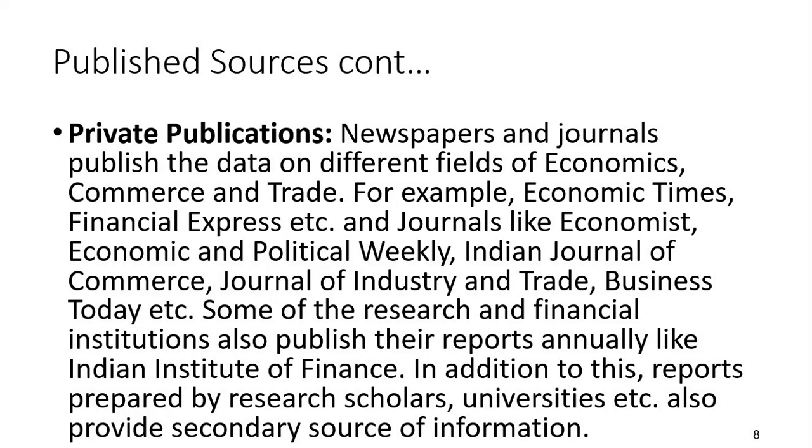In addition to these, reports prepared by research scholars in universities, etc., also provide some secondary source of information. Now, in a university or a college, you will find that there is a library. In a university library, along with regular books and journals, these days a lot of electronic things have come up, electronic books and electronic journals.